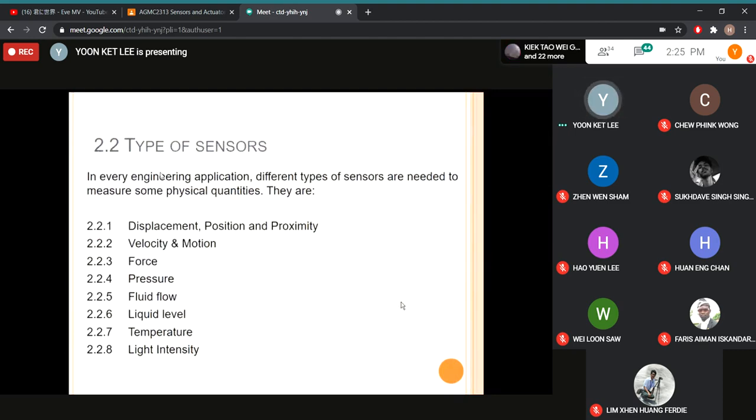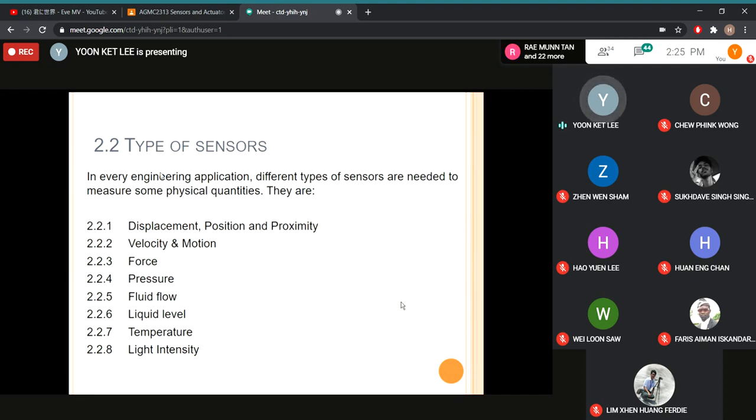Next we will look at the types of sensor. We will categorize the sensors by type of application. For example, sometimes we use the sensor for displacement, positioning, and proximity, or we also want to use it in the environment for velocity or motion.